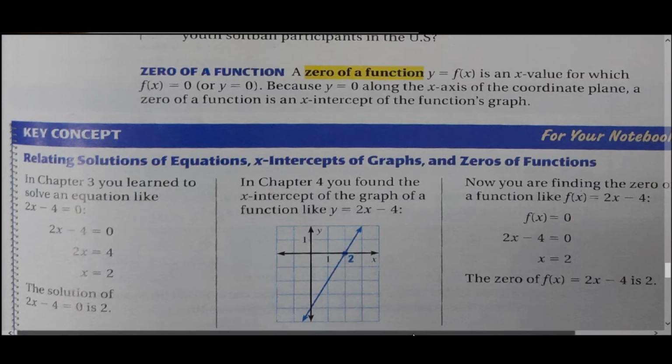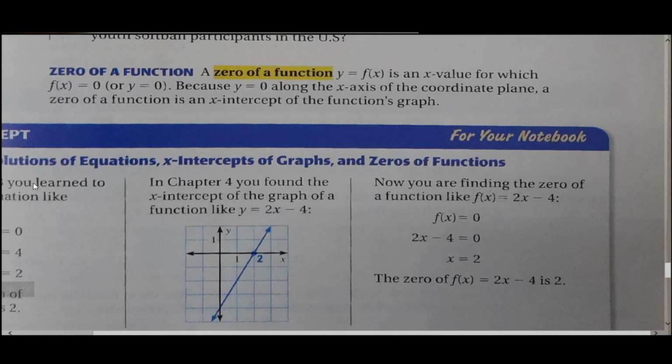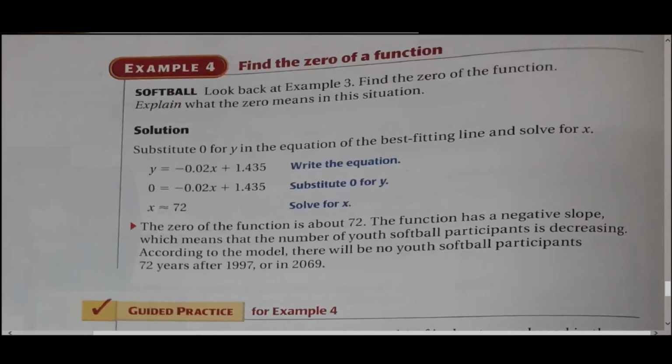Now what you're gonna do is do the exact same thing that we learned in chapter 3. That is, just plug in 0 for f of x, so you get 2x minus 4 equals 0, and then solve it. Okay, so this is probably the one we'll spend the most time on, because let's be honest with ourselves, there's no other recourse for this information.